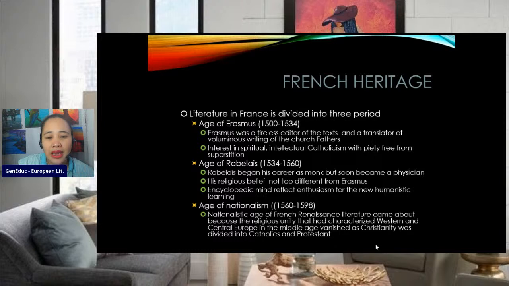His religious belief was not too different from Erasmus, and his encyclopedic mind reflected enthusiasm for the new humanistic learning. Age of nationalism: the nationalistic age of French Renaissance literature came about because the religious unity that had characterized Western and Central Europe in the Middle Ages vanished as Christianity was divided into Catholics and Protestants.